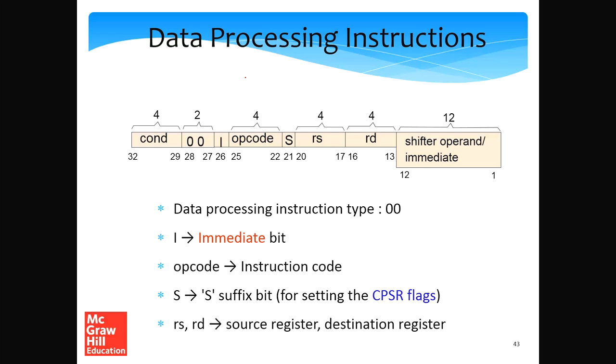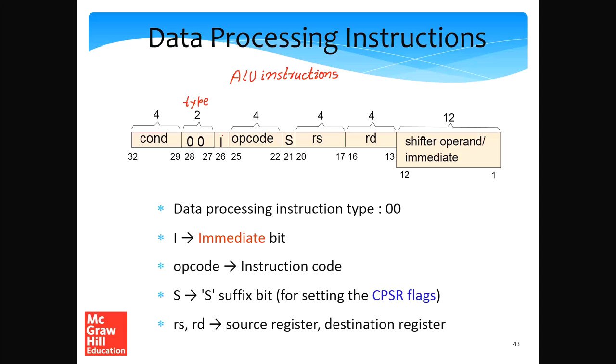So let's consider the generic format of data processing instructions, which are basically ALU instructions, arithmetic and logical instructions. Let me write it. Let's consider the first 6 bits. They follow the generic format. The first 4 bits are the condition, and 00 is the type of the instruction, type 00.